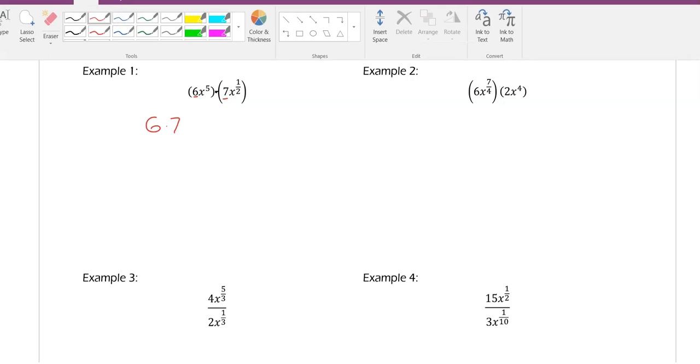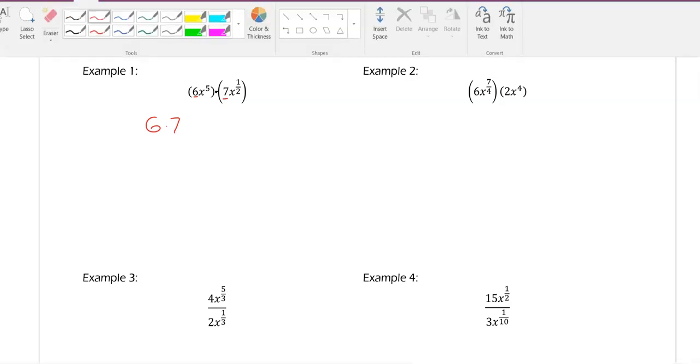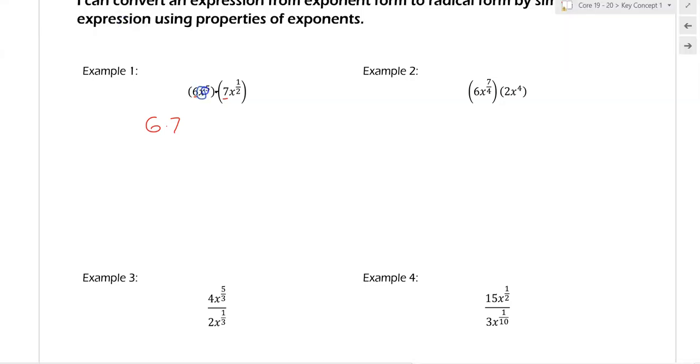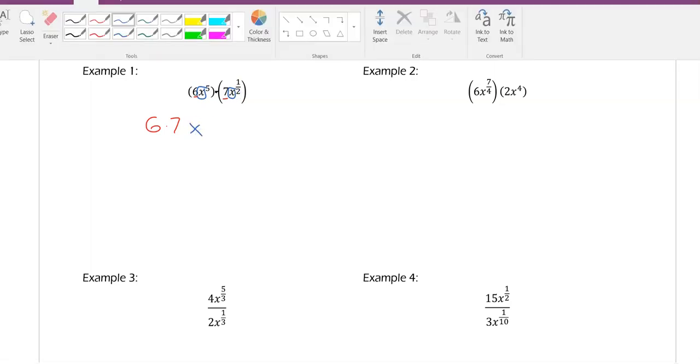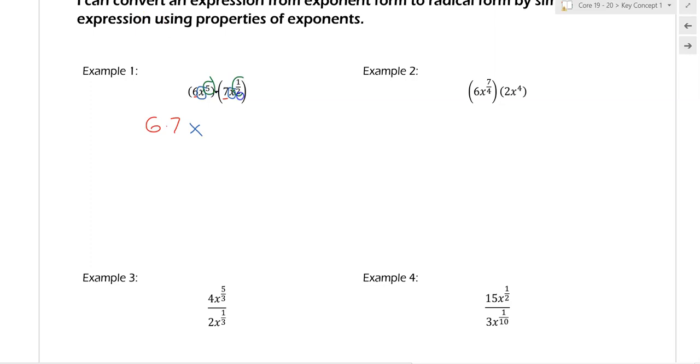Now I have an x and an x. So that's my base. And then remember, when multiplying, we add our exponents. Okay, so those are our rules from target A that we still are using.